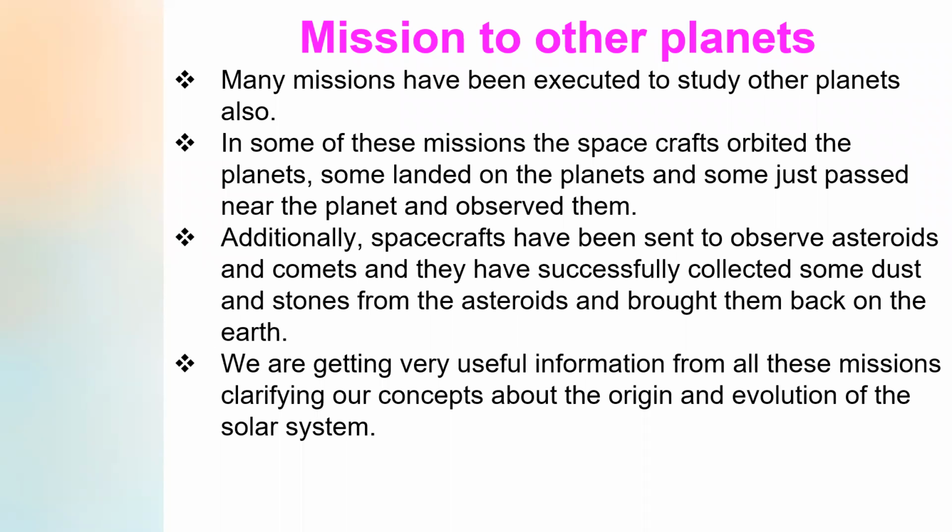There were many missions to different planets such as Jupiter, Saturn, Uranus, Pluto. In these missions, the spacecraft orbited the planet for some time, some landed on the planet, and some just passed near the planet and observed it.